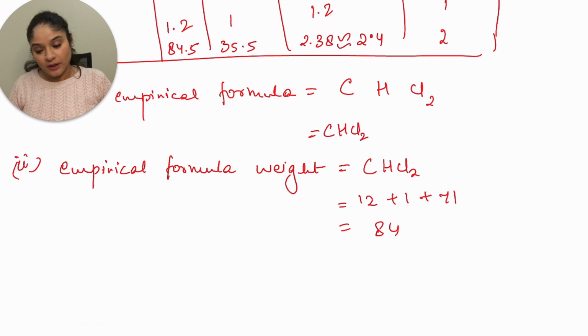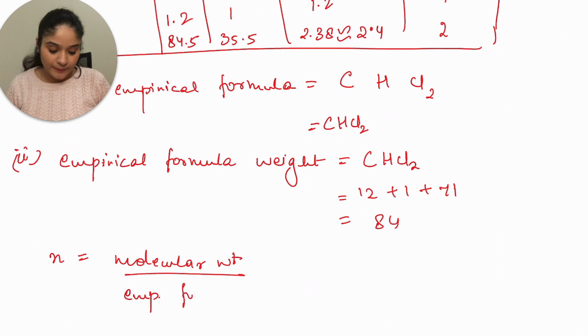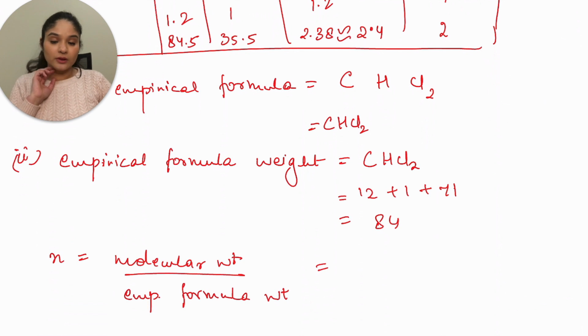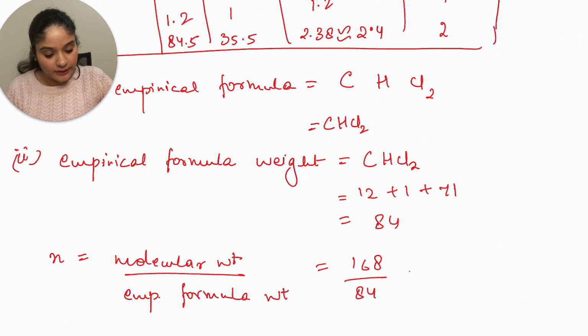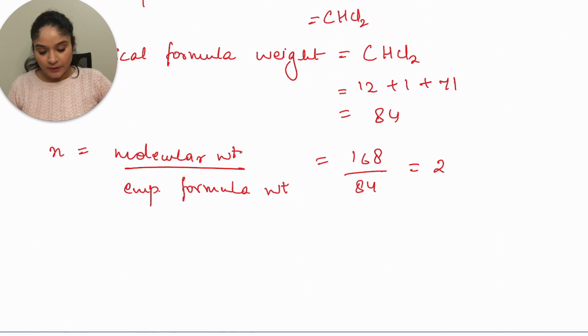You add all that up, you'll get 84. Okay. So now use the formula n equals molecular weight divided by empirical formula weight. So the molecular weight they gave is 168. So 168 divided by 84 is just 2. Now, the molecular formula that they asked you.